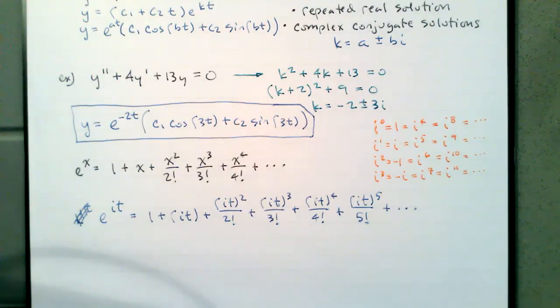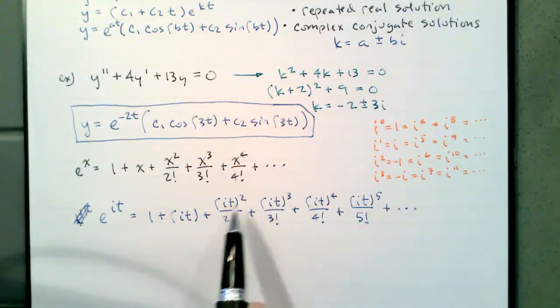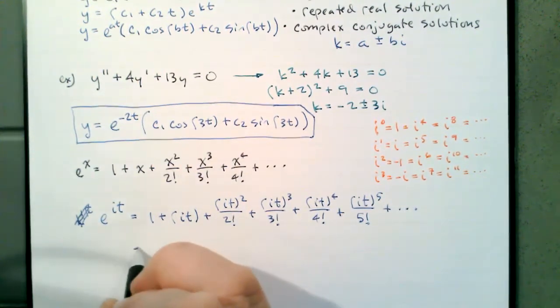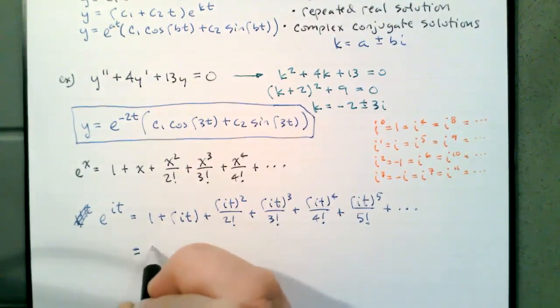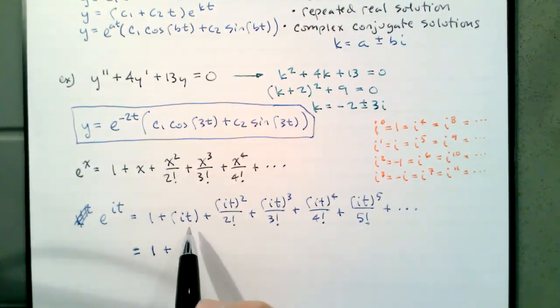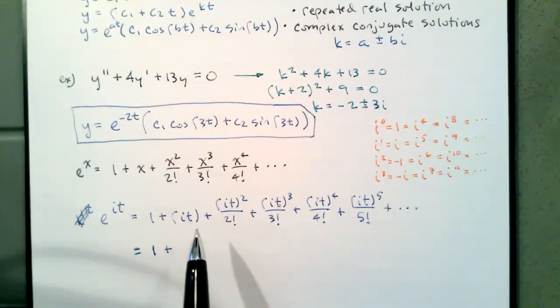So let's see what happens here. Some of these are going to leave an i, but some of the i's will get changed. Let's write down what we have. We got 1. This it is going to stay it. It's i to the first, so I just get it.